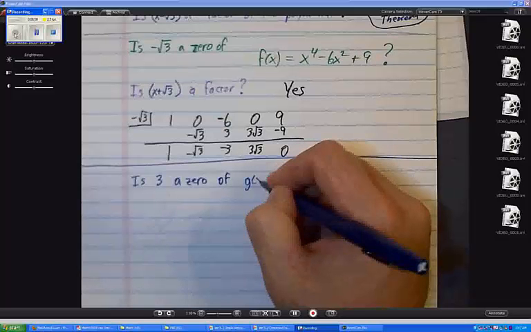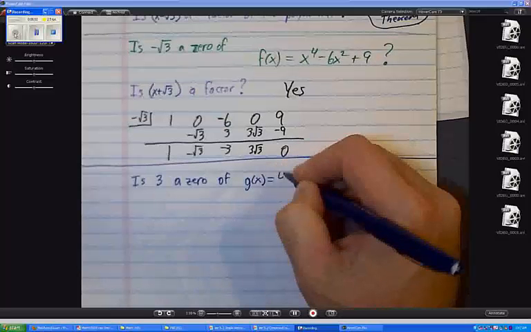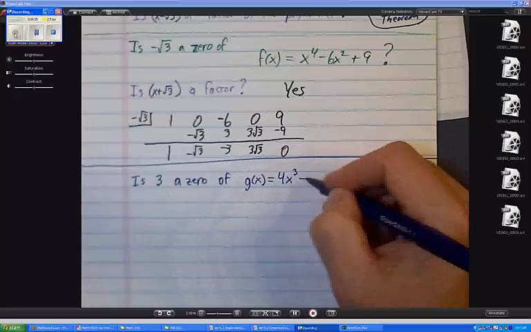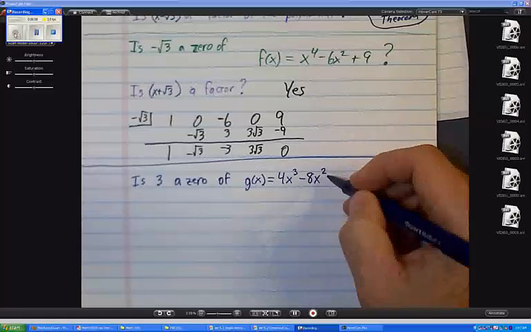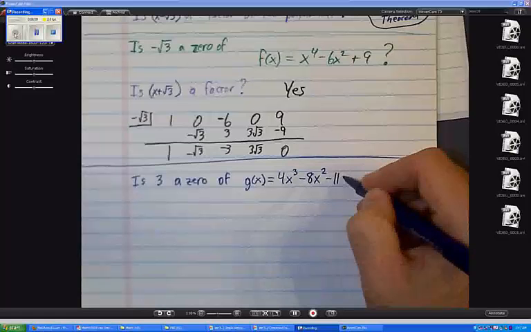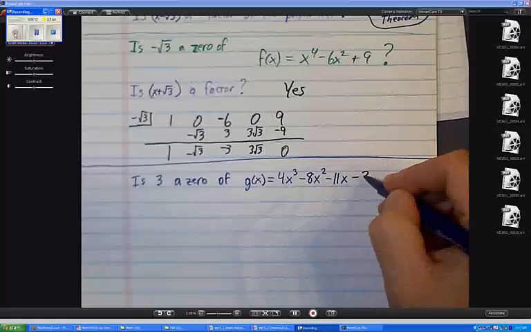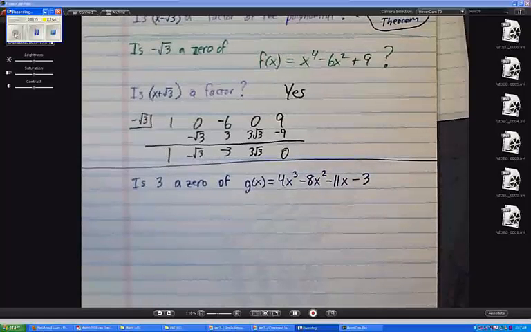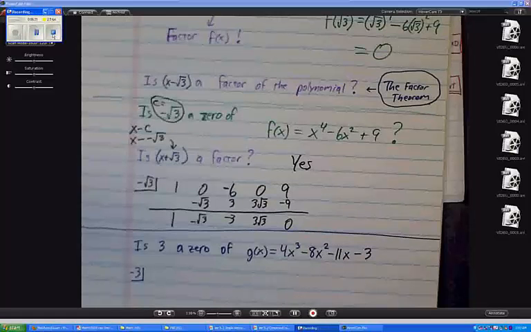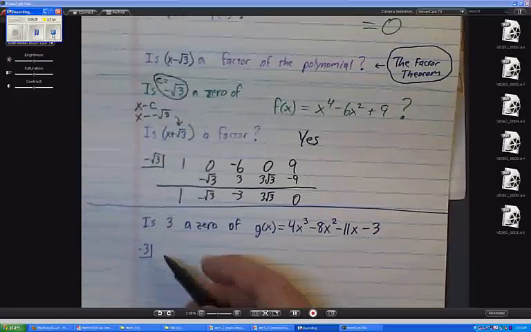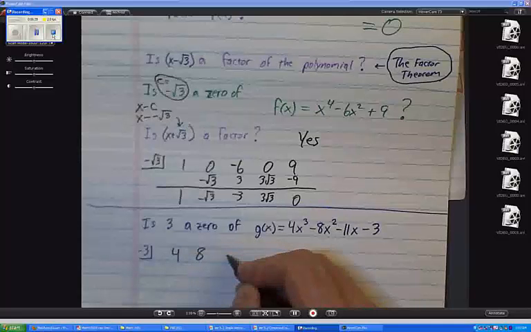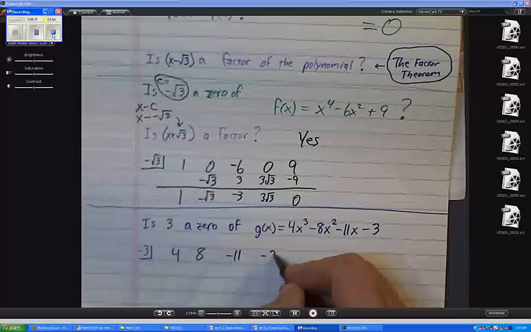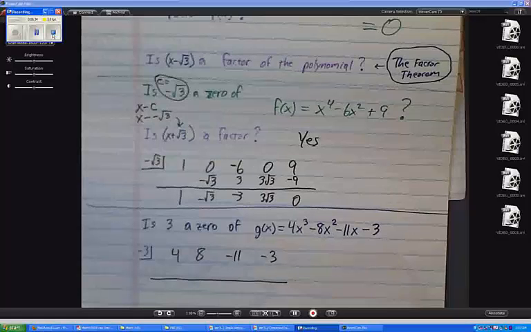G of x equals 4x cubed minus 8x squared minus 11x minus 3. Well, what I can do is at least set it up for you. -3, you try it with 4, 8, -11, and -3, and you should get it. Okay? All right.